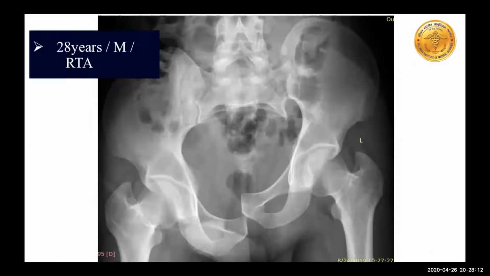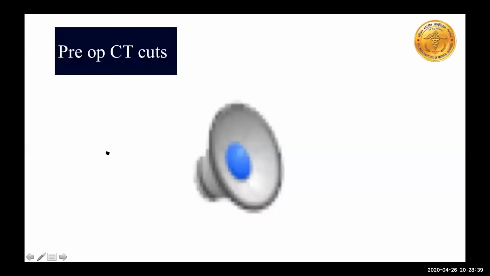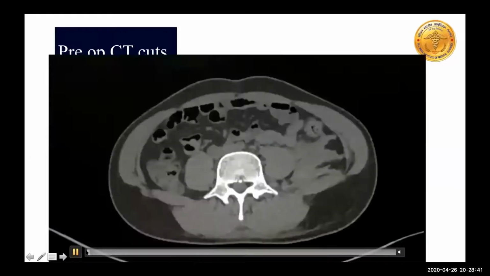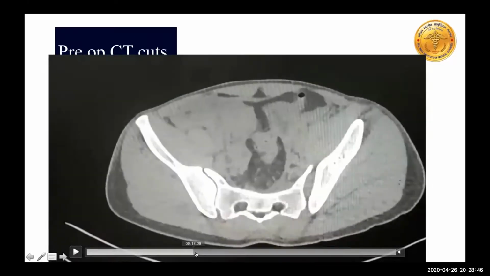Just to run through a case before we discuss the nuances, this is an injury which in experienced hands is very clearly a vertical shear of the hemipelvis on the left side. But we're still not sure how much of the pelvis anteriorly is superior and how much has gone posterior. So we need special views, the inlet-outlet views, which help us quantify what is happening in the individual pelvis. Then we do additional scans to know what is happening to the pelvis behind.